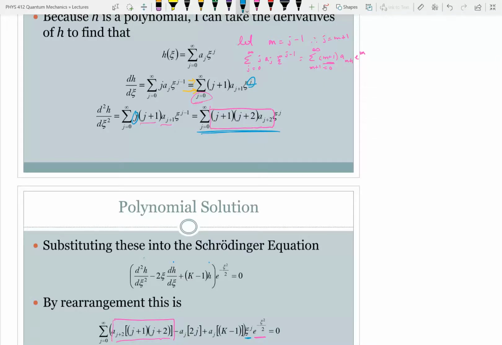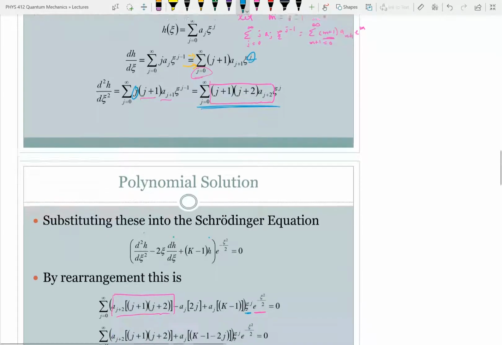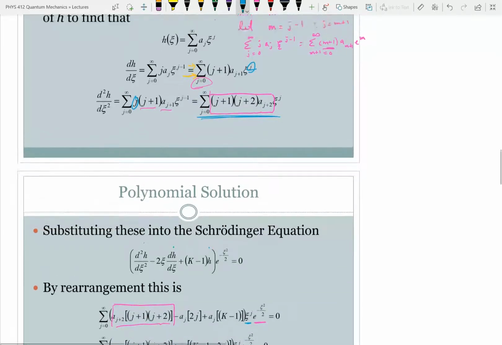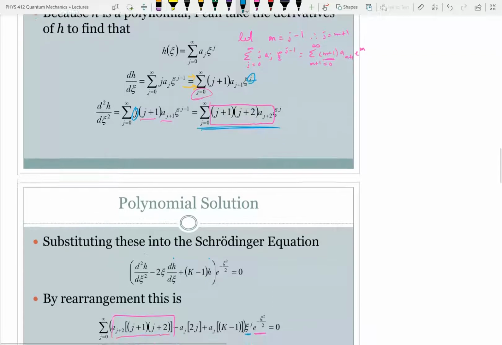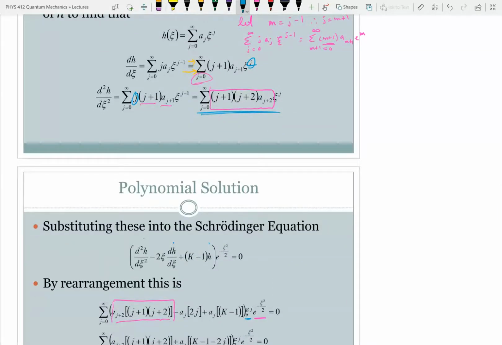Yeah, 2 times c times derivative of h. Trying to straighten my brain out here. Is there supposed to be a c there?